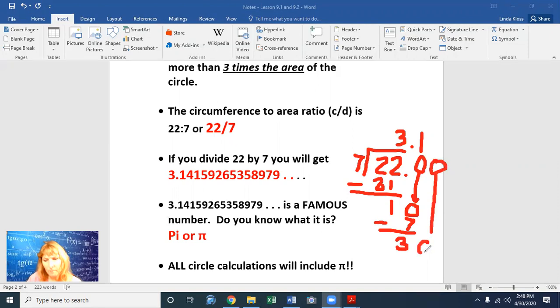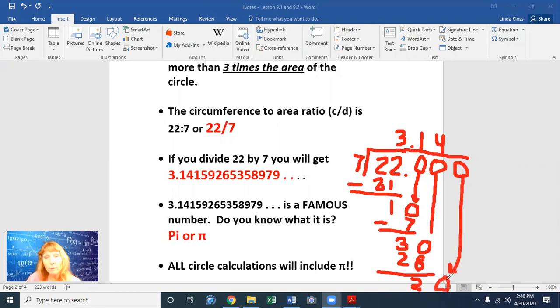Like this. How many 7s go into 30? 4. Extend this out. 4 times 7 is 28. 30 minus 28 is 2. Keep putting down another 0. How many 7s go into 20?